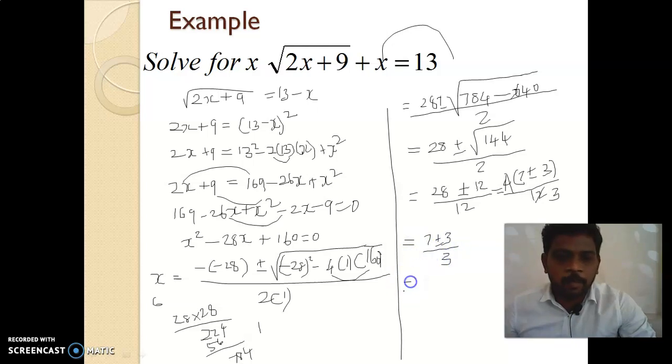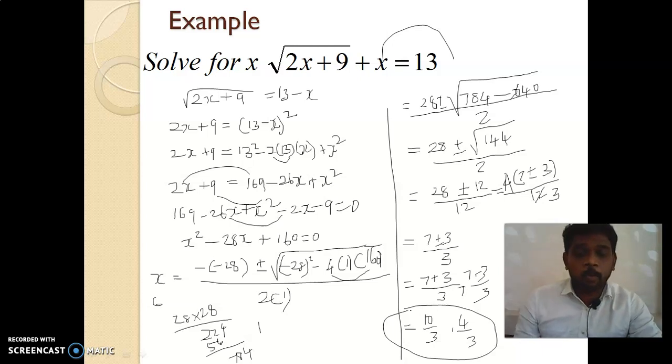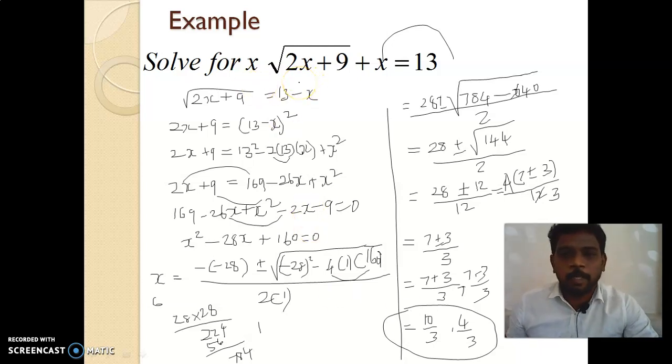If you split it into positive and negative separately, it means 7 plus 3 by 3, comma, 7 minus 3 by 3. These are the positive and negative roots. When we add these two, 10, so 10 by 3, and here 7 minus 3, 4, so 4 by 3. So 10 by 3 and 4 by 3 are the roots of the given quadratic equation.